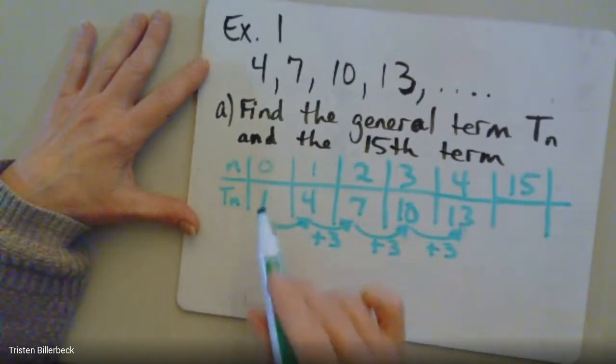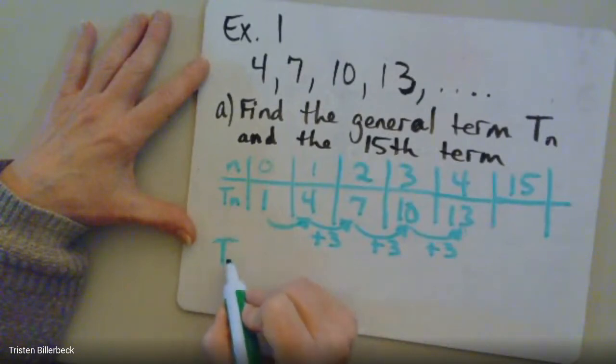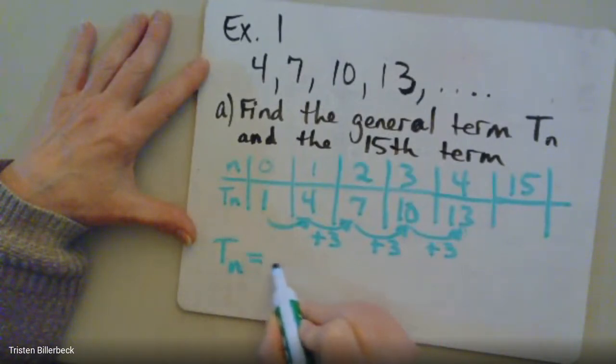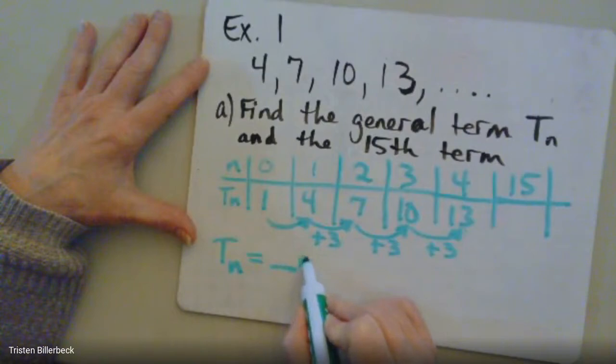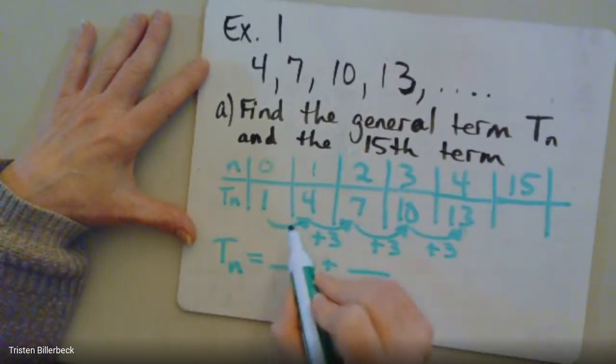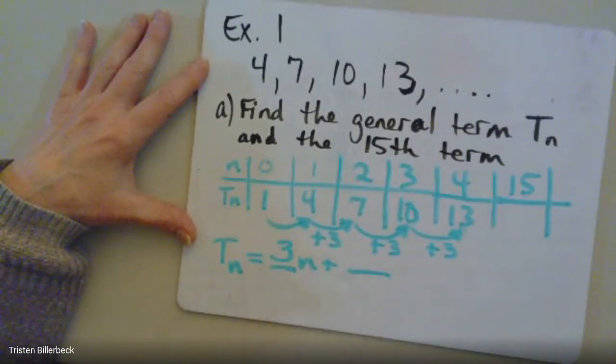So we have some important information now. We have t sub n, and we have n times how it's changing plus how it started. It changed by positive 3, so we put a 3 there, and it started at 1. So our general equation is 3n plus 1.